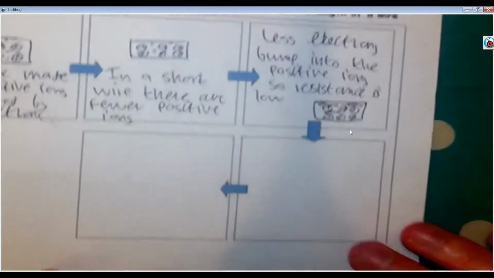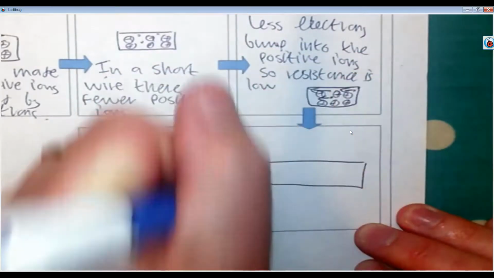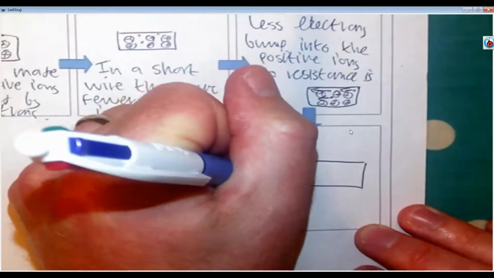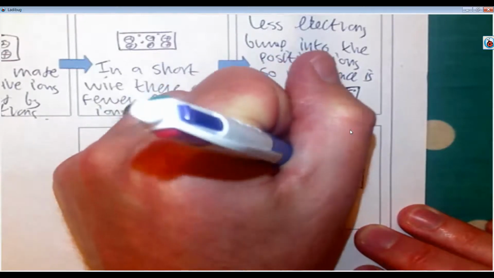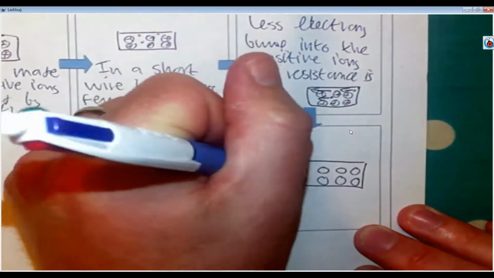Okay, so what about with a longer wire? So we're going to make this one much longer this time, and it looks like it's a little bit wider as well, but that's just the way the diagrams come out.